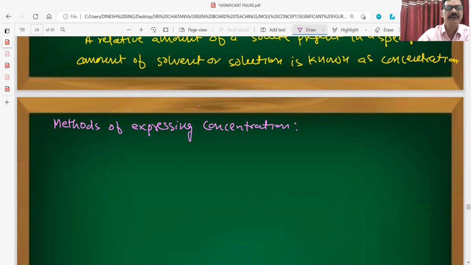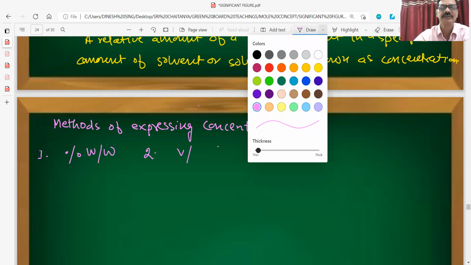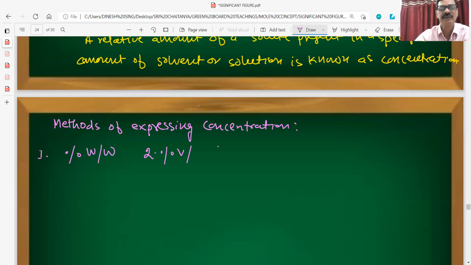So the first method is weight by weight percent. The second method is volume by volume percent.